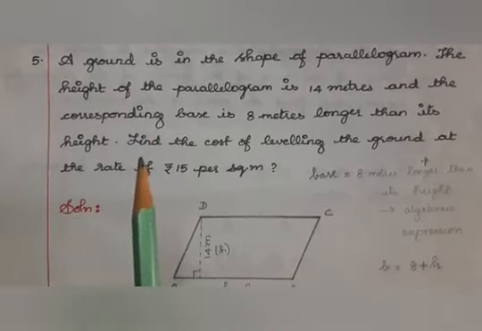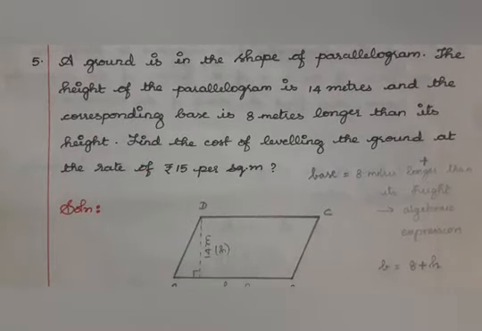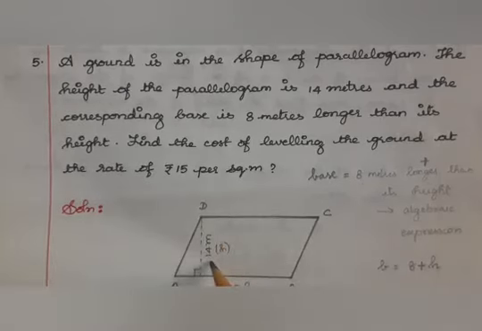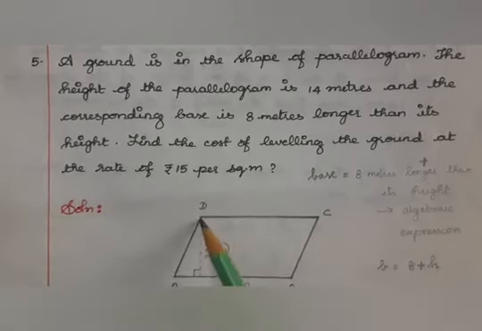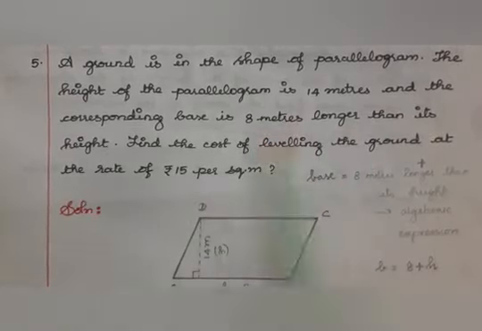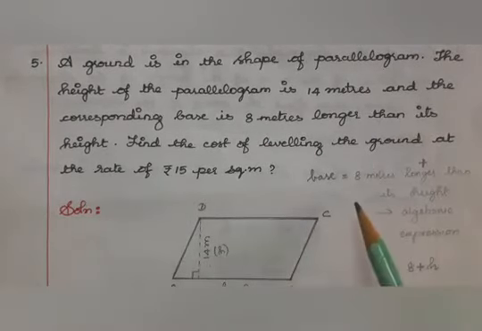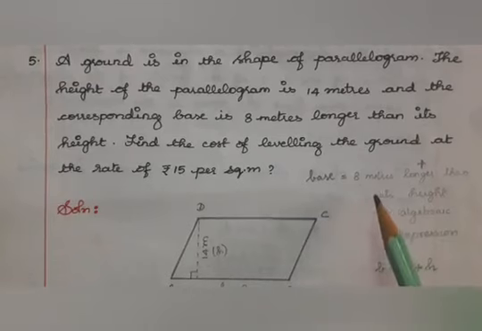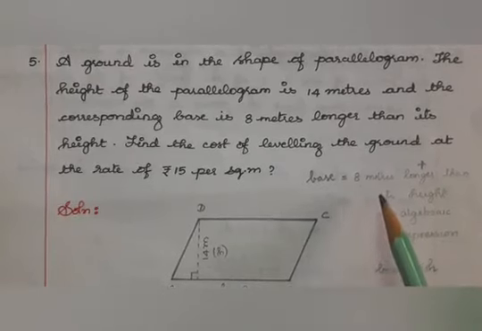According to the question, the given shape is a parallelogram and the height is 14 meters, corresponding to the base. This height lies on the line segment AB. They have given the base as 8 meters longer than its height. They have not given the base straight away; they have given us a statement, and we have to change it into a mathematical statement.